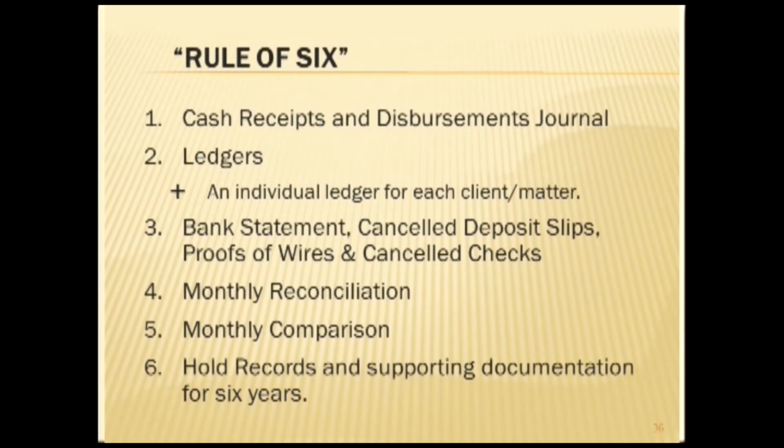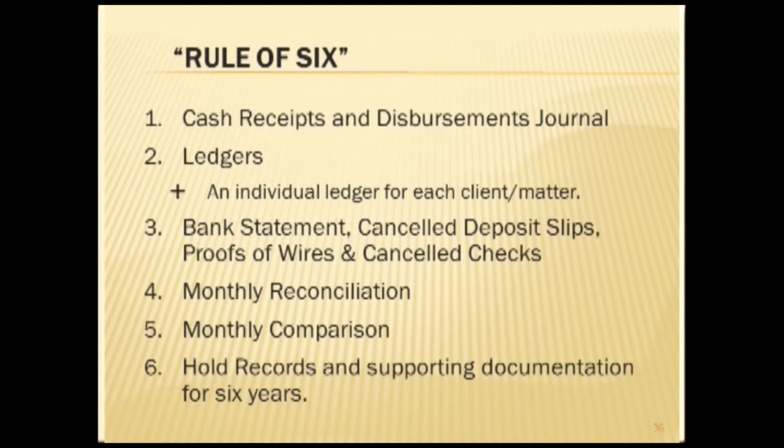And this rule of 6, to help people remember the rules and remember their record-keeping requirements, is first we must have a journal. The cash receipts and disbursements journal must be maintained. There must be ledgers that apportion the money that's held in the account to the clients it belongs to.